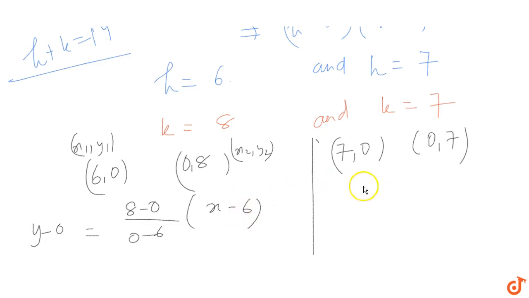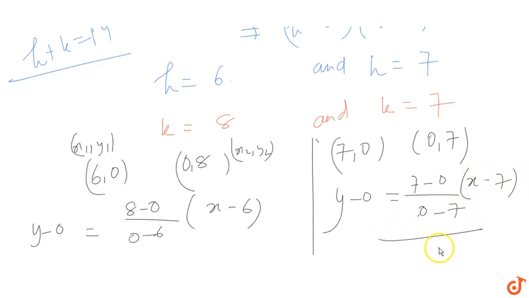And the second equation will be y minus 0 equals (7 minus 0) upon (0 minus 7) times (x minus 7). So we got two equations.